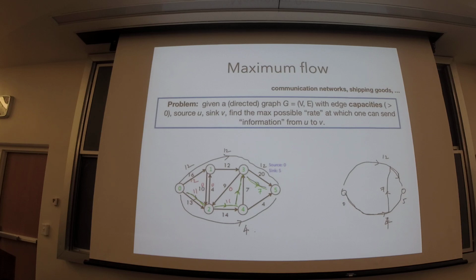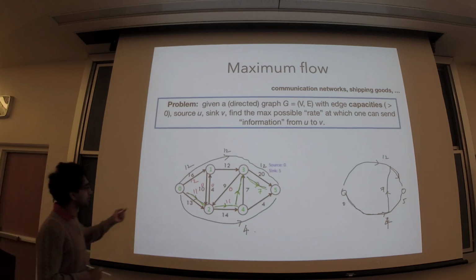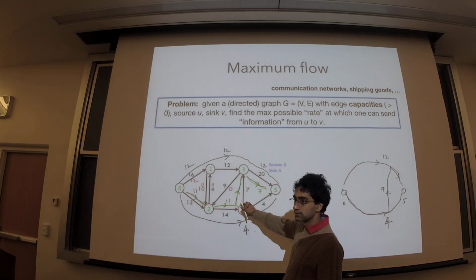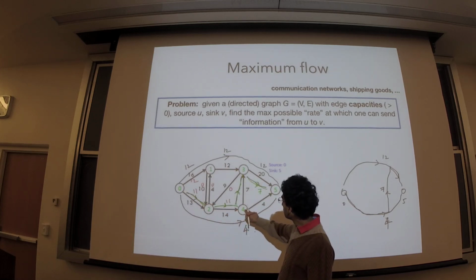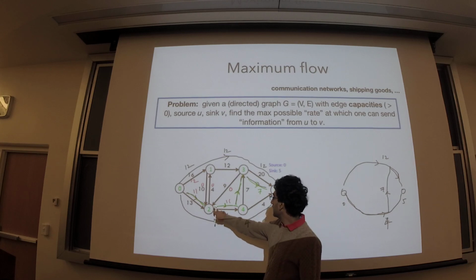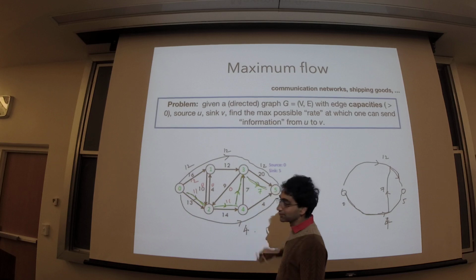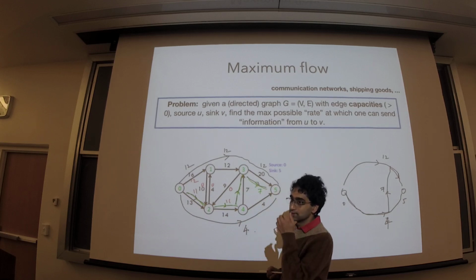If it's a sink, then nothing goes out. But otherwise, they have to be exactly equal. Were you talking about this vertex? Yeah, sure, vertex 4. For vertex 4, there's 11 amount of flow that comes in, and there is 7 plus 4 going out. So it's the same.